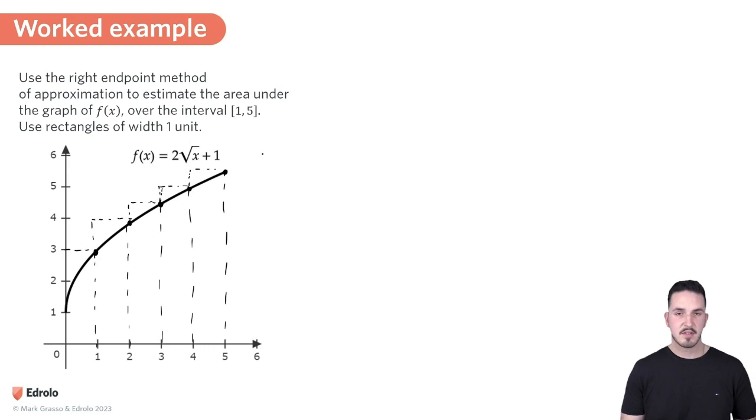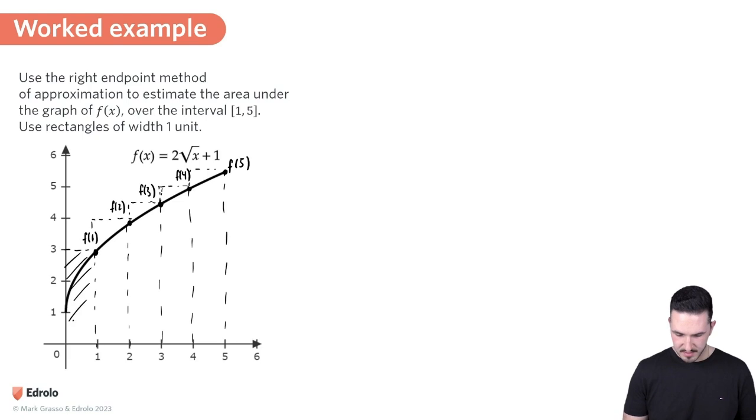We can see this is an increasing function, so it will overestimate. Because we want to calculate over the interval of 1 to 5, the only rectangles we want are everything except this left-hand side. We don't want that because we're given the interval of 1 to 5.